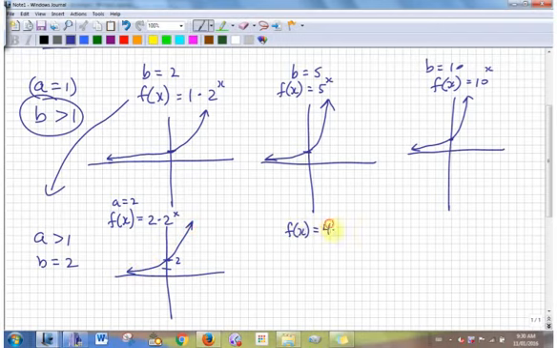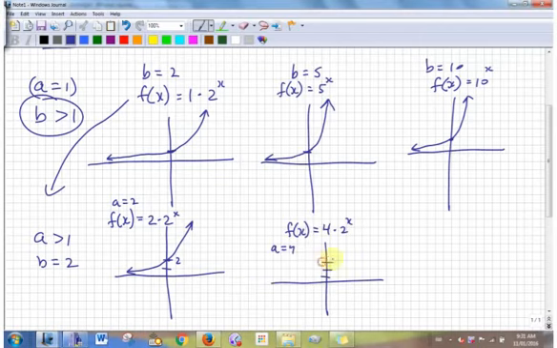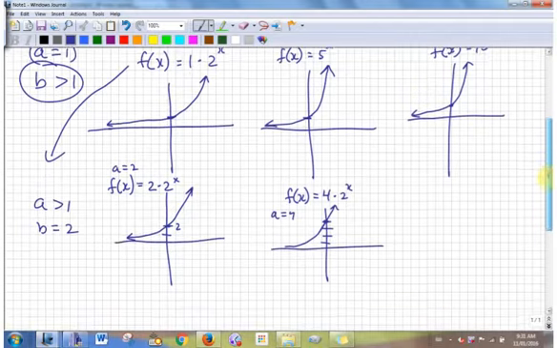Let's try a is 4. I'll just change this one. See what the y-intercept is? 1, 2, 3, 4. Any predictions what a might do?